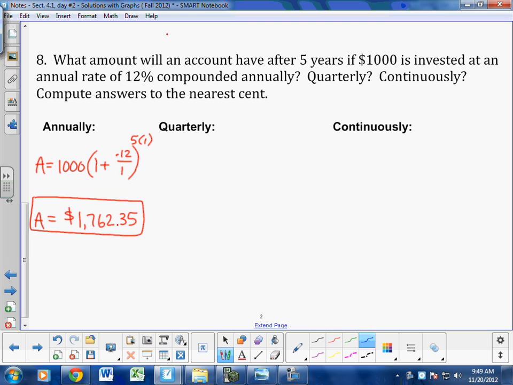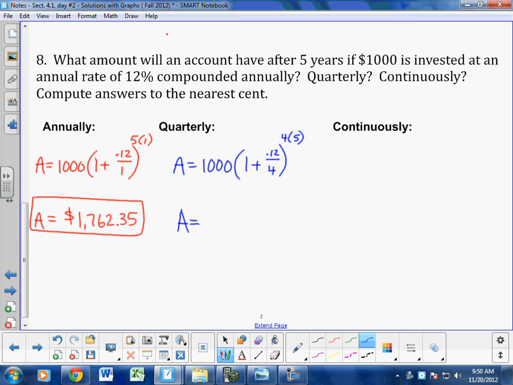Quarterly. Same amount of money. What's the rate? Stays the same, right? 0.12 divided by 4, quarterly, raising it to the 4 times a year for 5 years. Okay, compute that one.